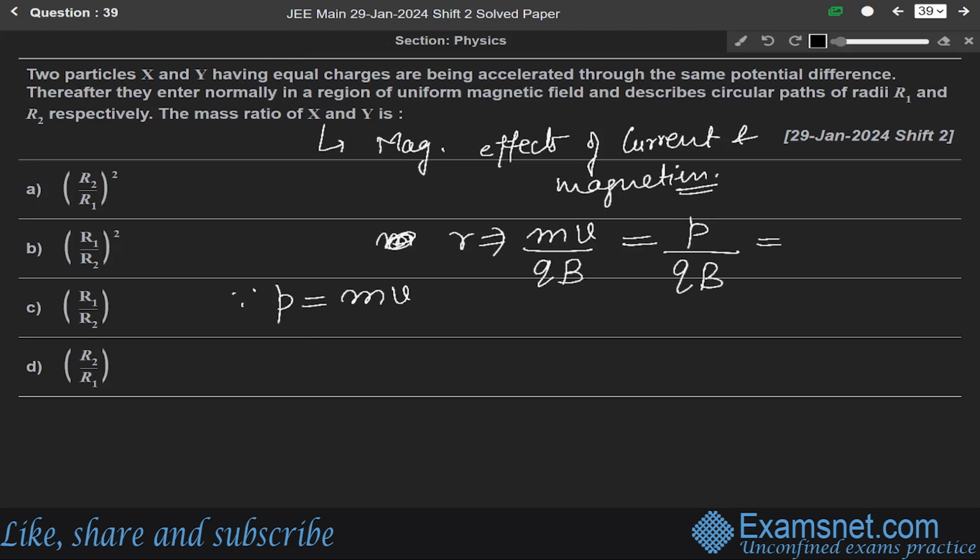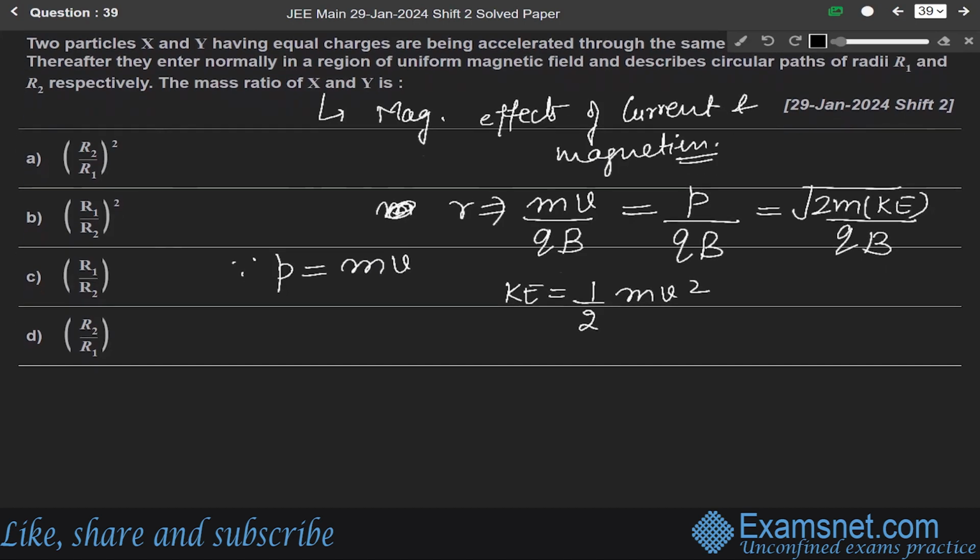If we want to write this momentum in terms of the kinetic energy, how would we write it? Since kinetic energy equals half mv square, we write P equals under root of 2m times kinetic energy. So R will be equal to under root of 2m KE over qB.